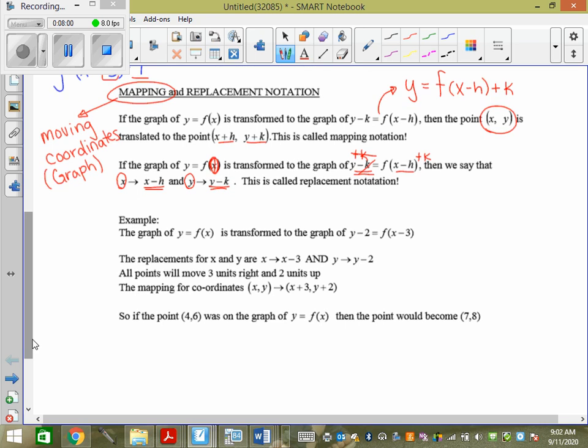So we have the graph of y equals f of x is transformed to y minus 2 equals f of x minus 3. So let's do replacement notation first. The y is being replaced with y minus 2. And you're not just replacing minus 2, you're taking that y, completely throwing it out, and fully replacing it with y minus 2, right?